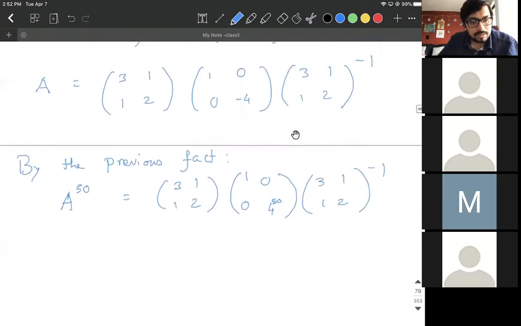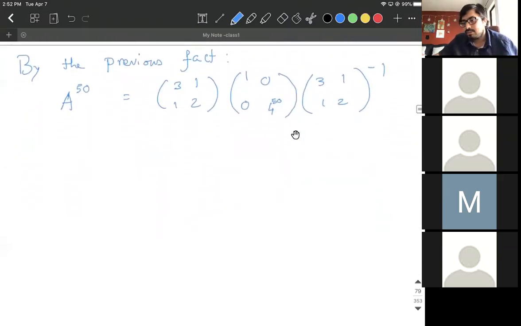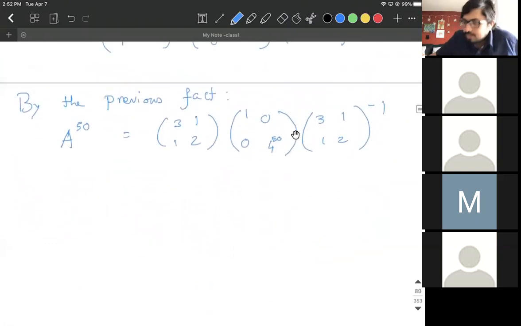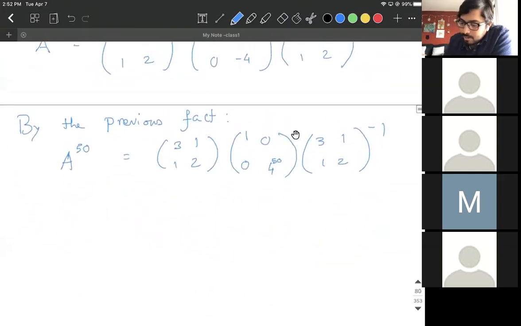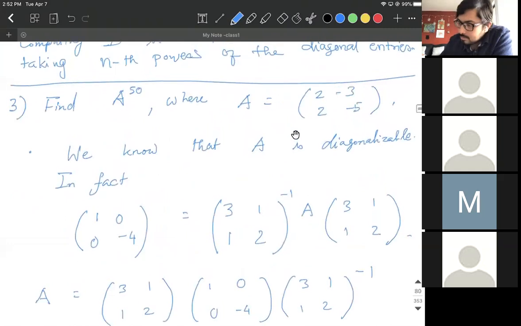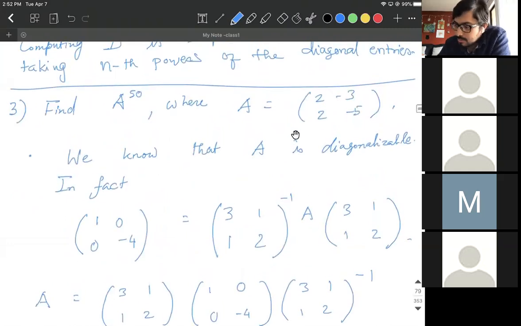Okay. Now here is at least one visible advantage of diagonalization, because computing powers of matrices is needed. And a priori, if you don't know diagonalization, then computing powers of such a matrix, an arbitrary matrix with some entries, would be a horrendous task. I mean, maybe even computing the 10th power of A would be a hard task.